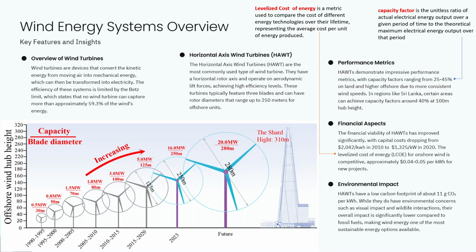If you look at the wind energy system, you know that wind turbines are devices that convert the kinetic energy from moving air into mechanical energy, right? And then this mechanical energy can be transferred to electrical energy by using generators.